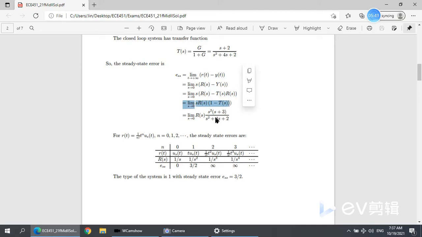Finally, you plug in what T is, and put the s here, then we have this formula. Here we do not know what R is. If you use different R, the limit will be different. So we choose R equal to this one for different n. That means we have a list of different signals, and we use those signals as R.